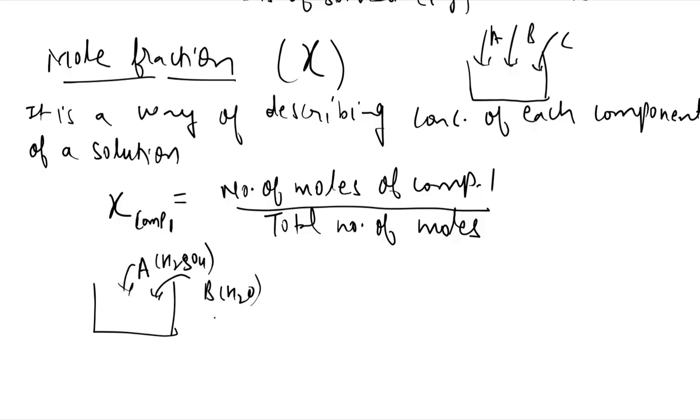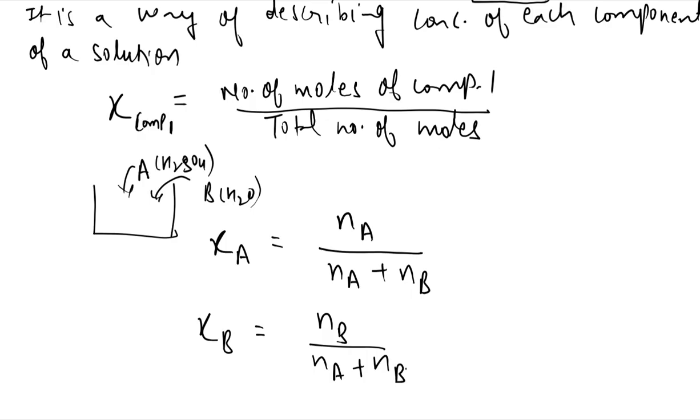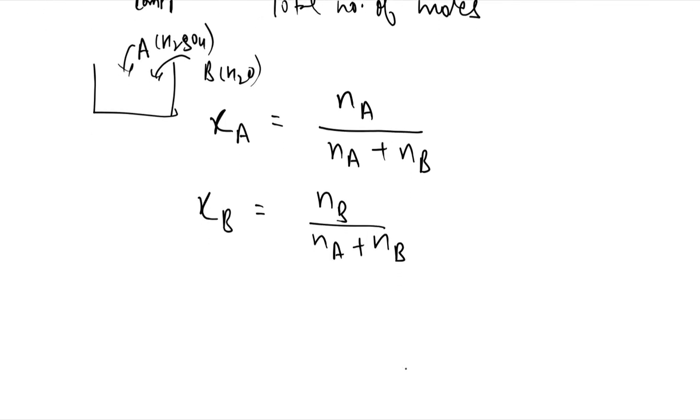In this case, the mole fraction of component A will be given as the number of moles of component A divided by the number of moles of component A plus the number of moles of component B. Similarly, the mole fraction of component B will be the number of moles of component B divided by the number of moles of component A plus the number of moles of component B.